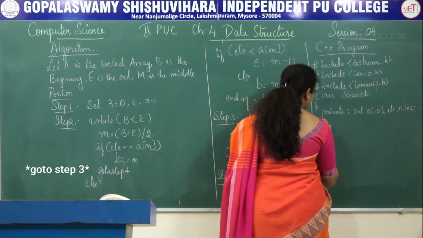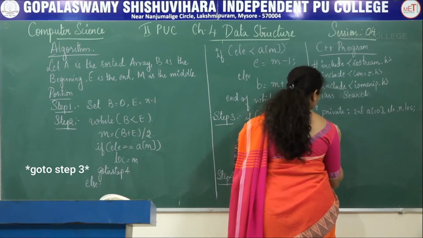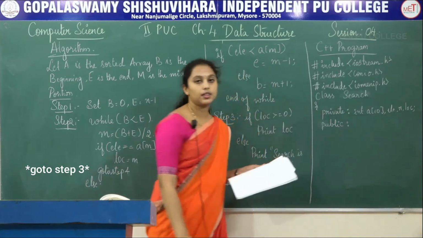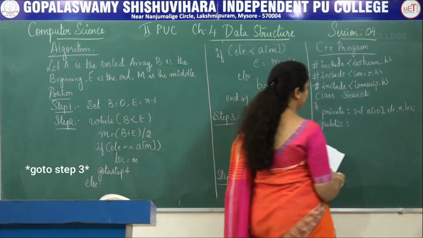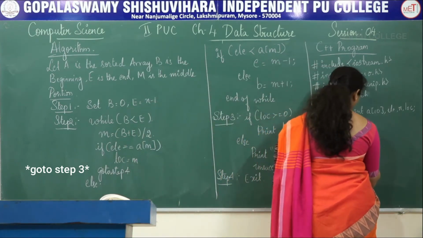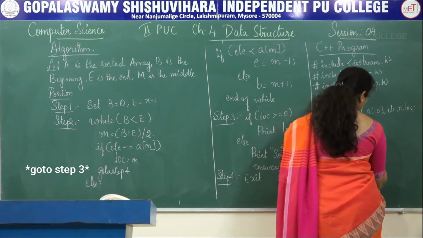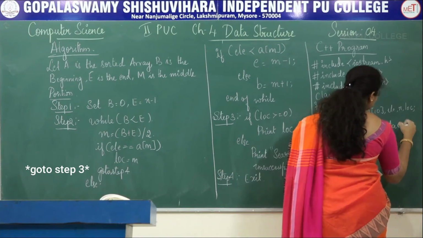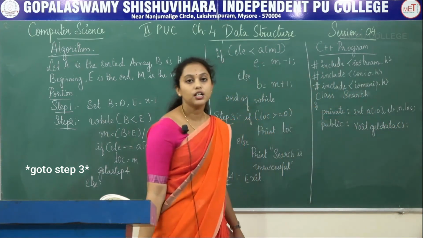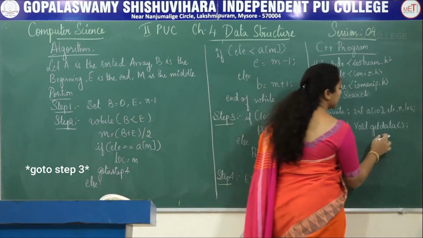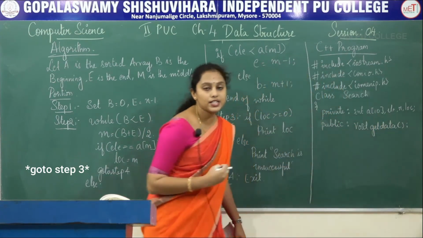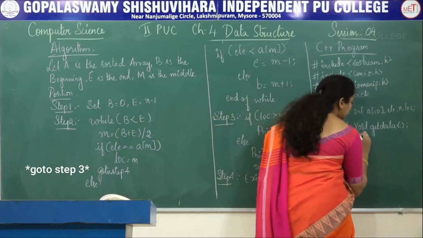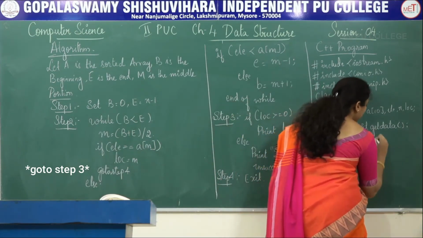In the public section, declare the functions. Void get data function is used to accept the data from the user. Next is void put data.